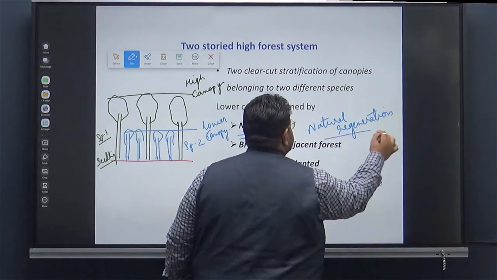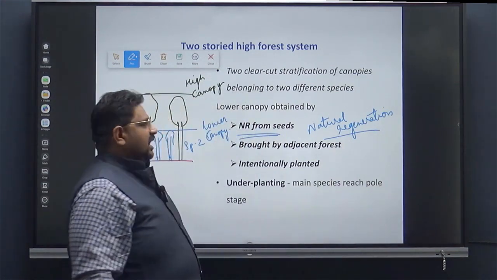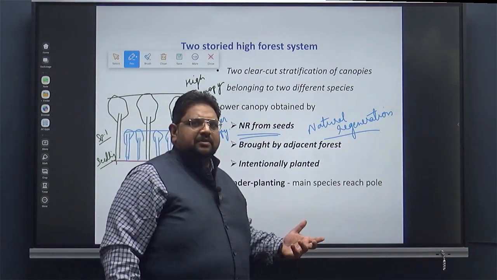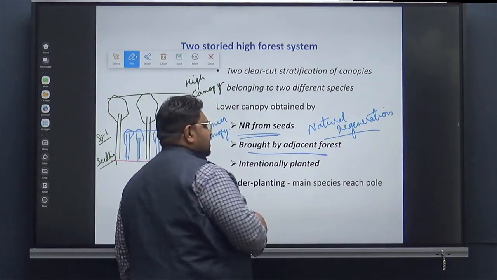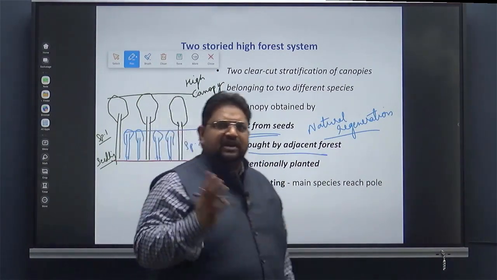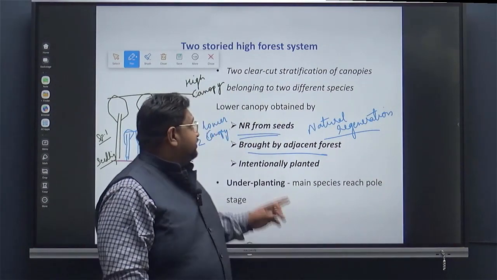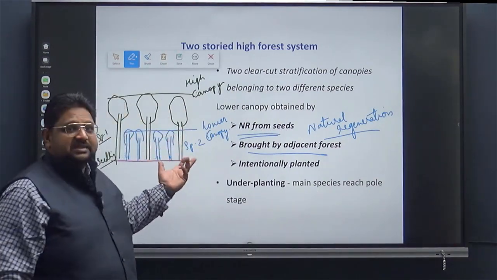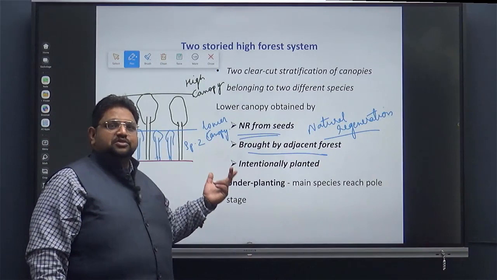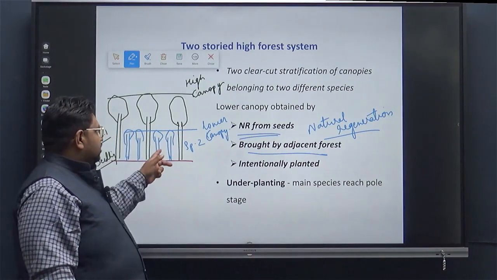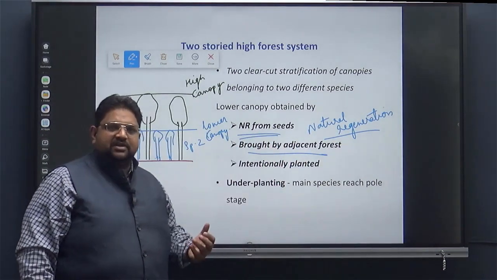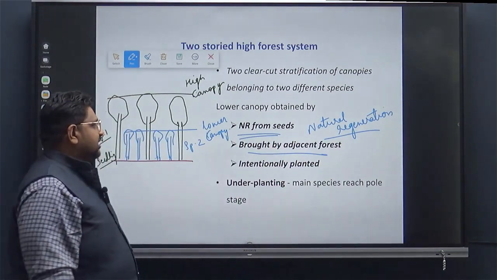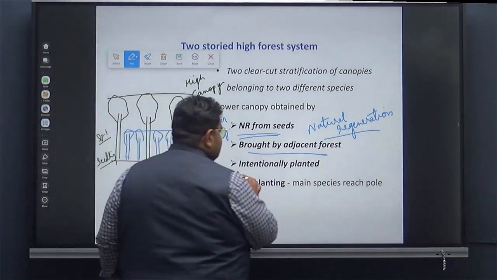Natural regeneration by seeds, and these seeds might be obtained from an adjacent forest, brought by wind, water, air, insects. Because if the same species falls, then it cannot be called two-storied, there will be the same species. So it has to be a different species from some other nearby forest where the seeds come and fall here, or it may be intentionally planted.